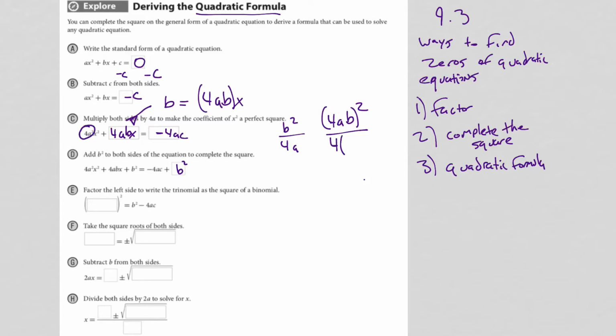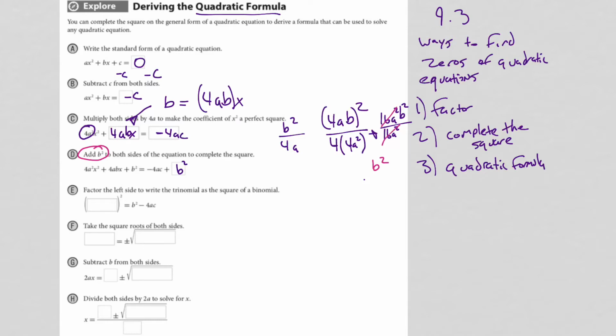A, in this sense, is 4a squared. You're going to get that this becomes 16a squared b squared over 16a squared. And this is going to simplify so that you're only adding basically b squared to both sides. This simplifies to just be b squared.